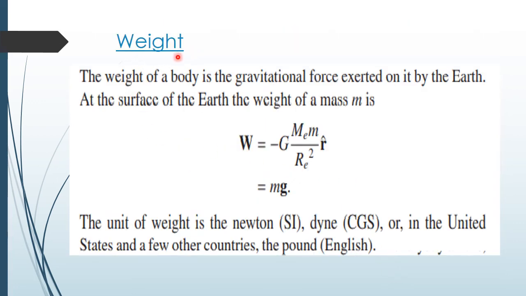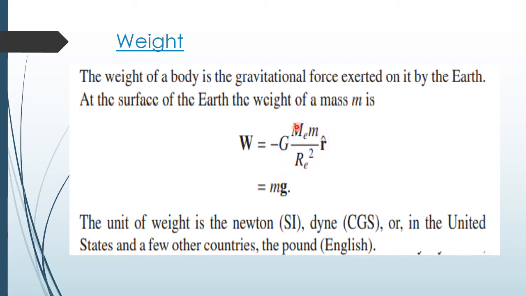Next is the weight of the body. Actually, the weight of a body is the gravitational force exerted on it by the Earth. At the surface of the Earth, the weight of the mass m, which is the gravitational force exerted on it, is equal to -G Me m / Re² r-hat.